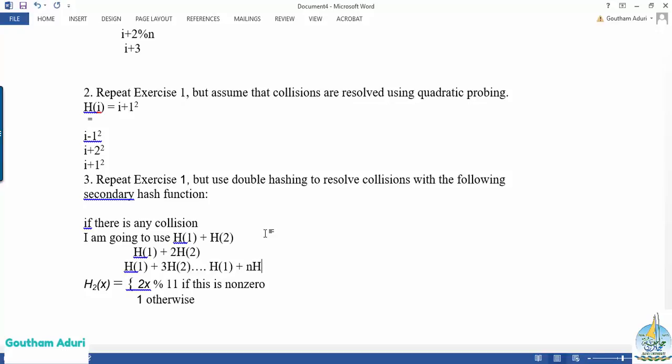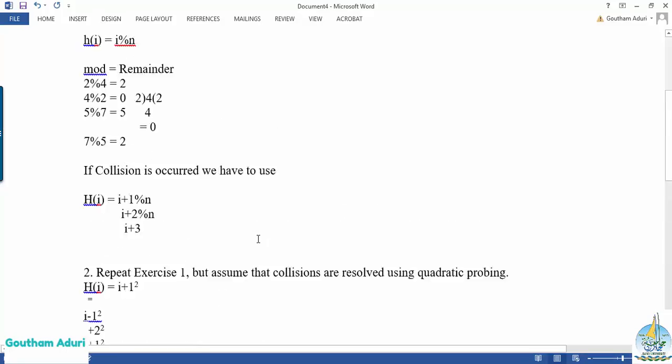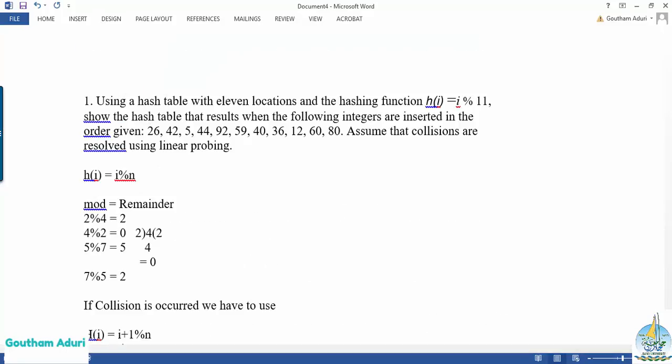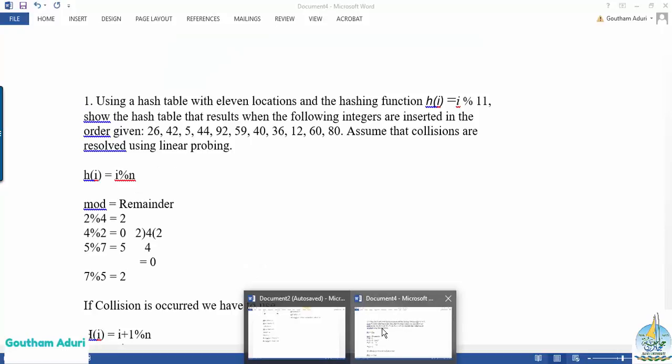So we are going to use two hash functions. I am just incrementing the multiplier by 1 and multiplying it with the secondary hash function. Let's see an example of how we can solve this using double hashing.